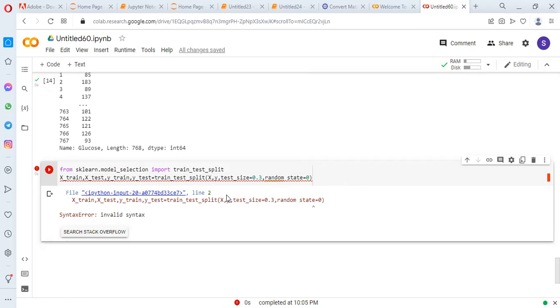So I think you skipped the underscore in random_state. Sorry.